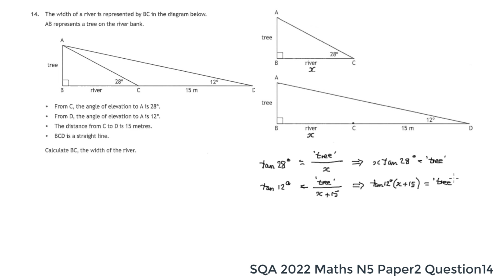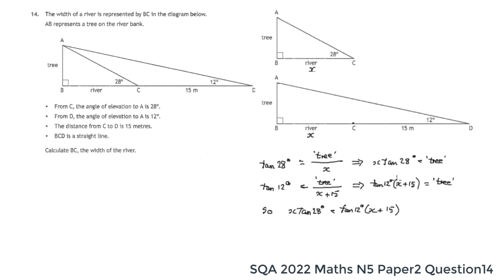Now you can see where this is going, I hope, because both this expression and this expression are equal to the height of the tree. These two expressions are the same. So let's write that down. We'll get x times tan 28 degrees has to be equal to tan 12 degrees times x plus 15.